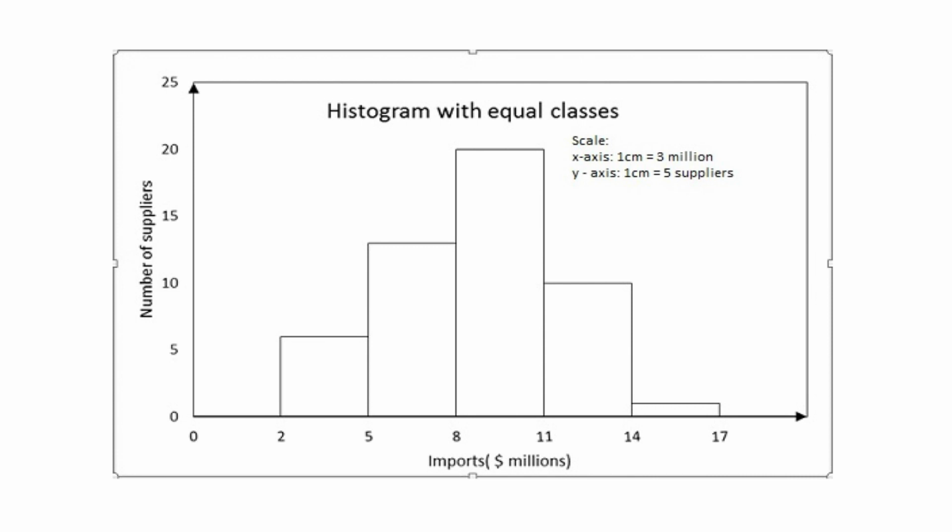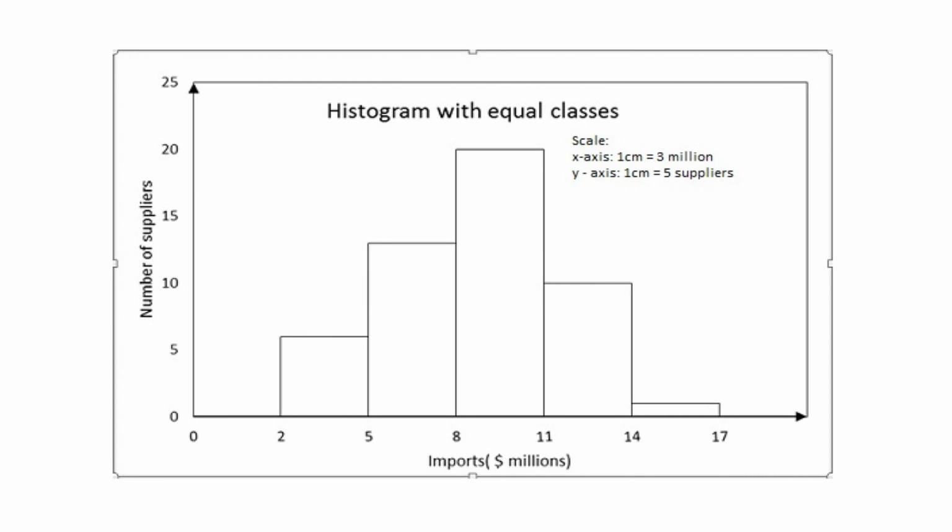Now, in the considered data, observe that there are 6 suppliers whose annual import is between $2 to $5 million. So, on the y-axis, mark a line at the point 6 for the interval of 2 to 5 on the x-axis and join them with perpendicular lines to the x-axis.